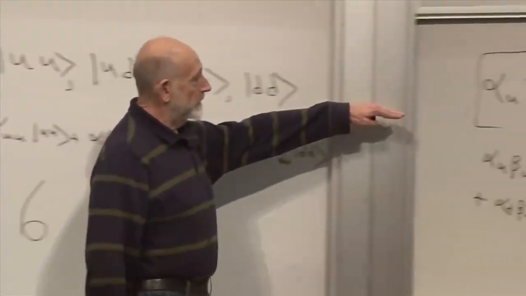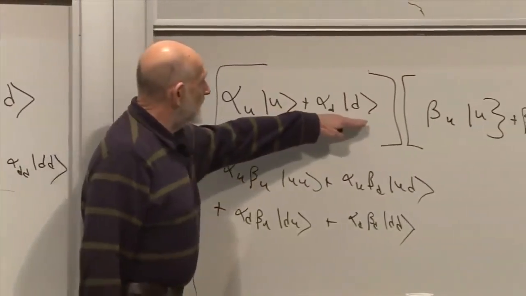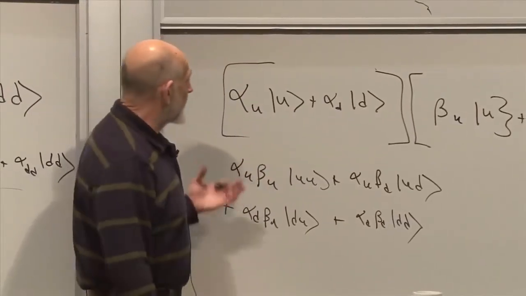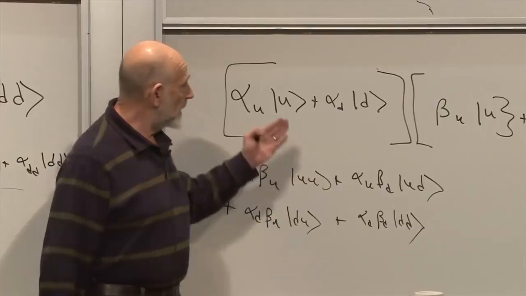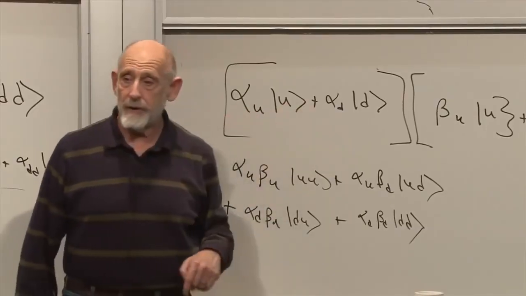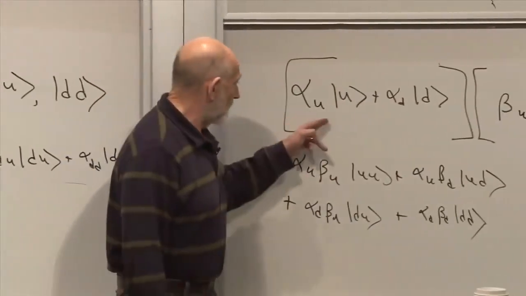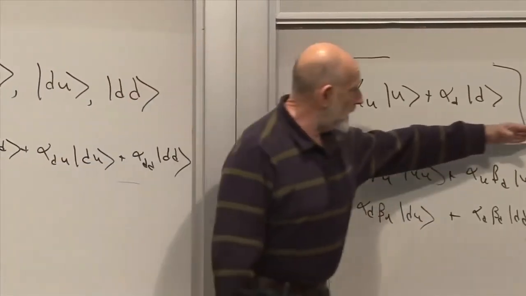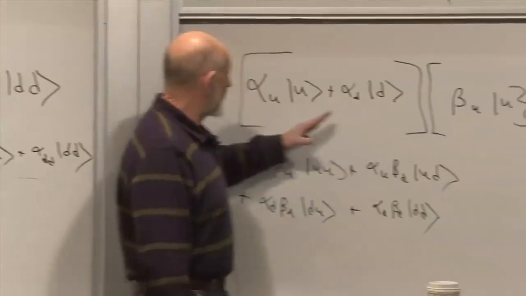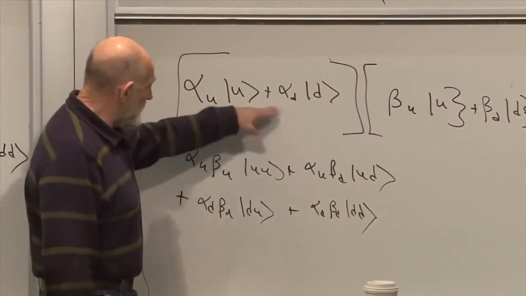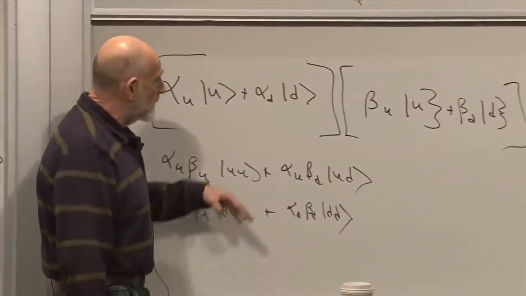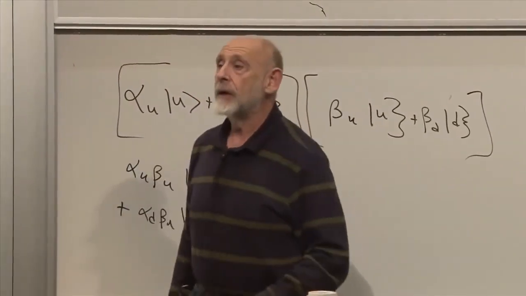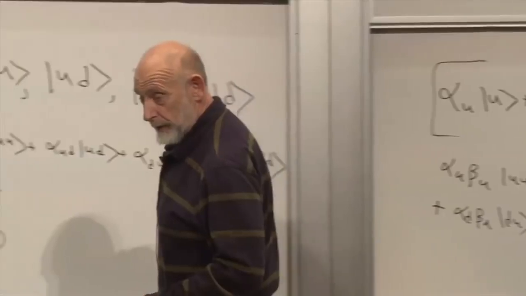How many here? Well, the state describing the sigma particle has 2 real parameters. 4 real parameters for alpha up and alpha down, but then we subtract 2. Same thing here. This is a normalized state, and its overall phase doesn't matter. Altogether, 4 real parameters.